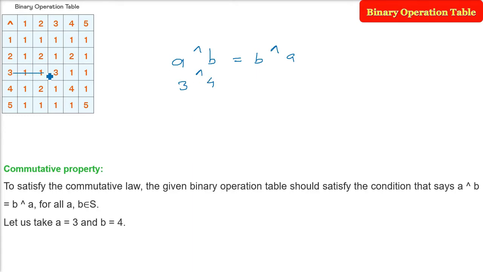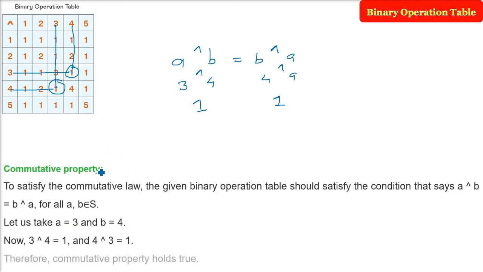So this is 3 from horizontal, 4 from vertical. The result is 1. B cap A. Now you take B as 4, A as 3. So horizontal you will take 4, vertical you will take 3. And what is the result here? 1. So in both the cases, you are going to get the result as 1. Right? So 3 cap 4, 4 cap 3 is 1. So the commutative property is also holding here.